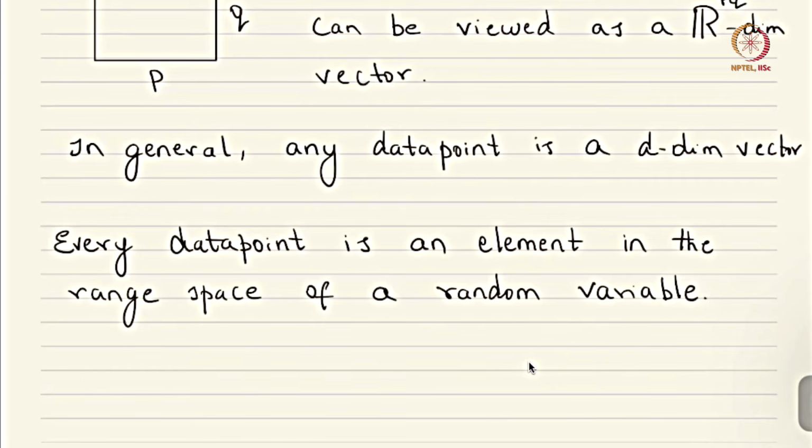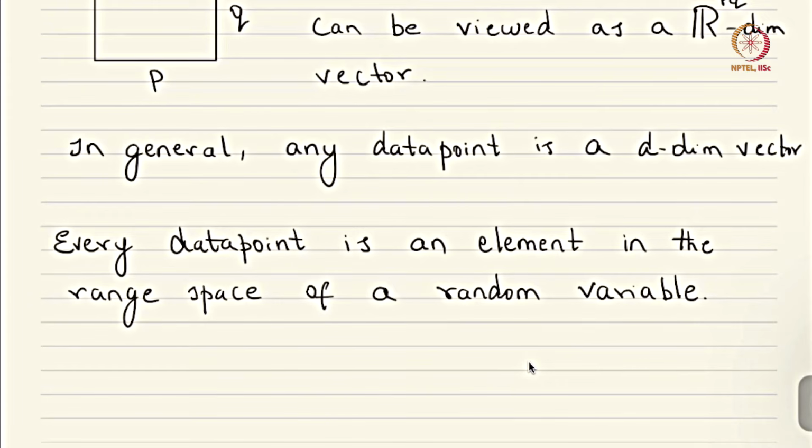Okay. Now if you see an image as a d-dimensional vector in the range space of a random variable, what is that random variable doing, intuitively? It is measuring the likelihood of getting a particular value for a particular pixel.